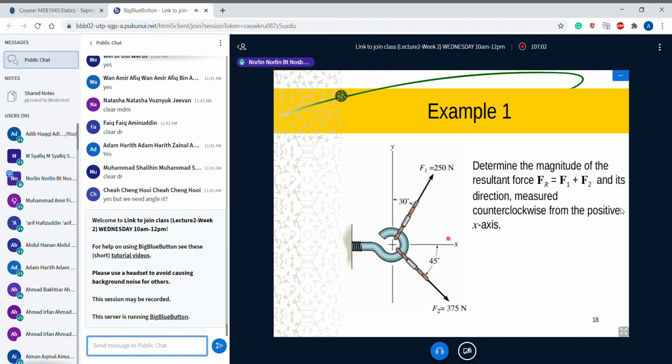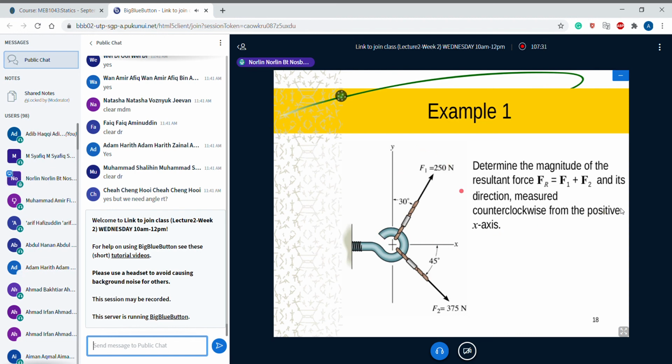Okay, this one, you need to determine the magnitude of the resultant force of F1 and F2 and its direction. Make sure you measure counterclockwise. So counterclockwise is in this direction from the positive x-axis.